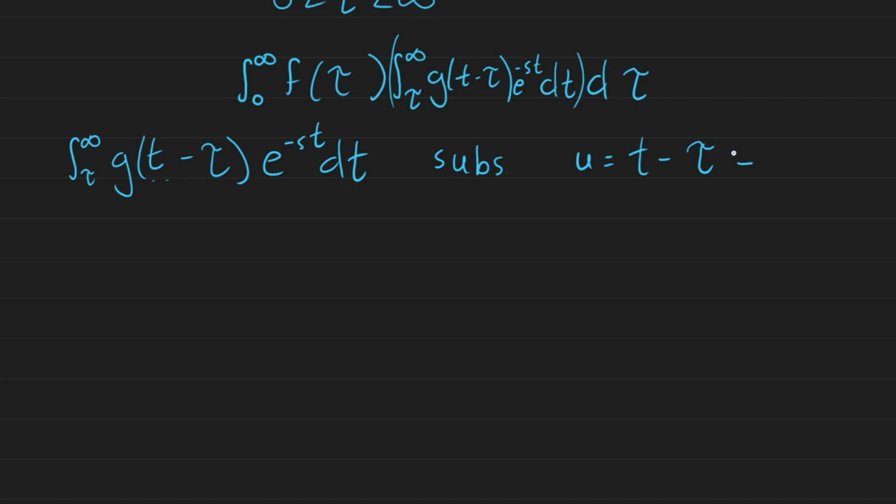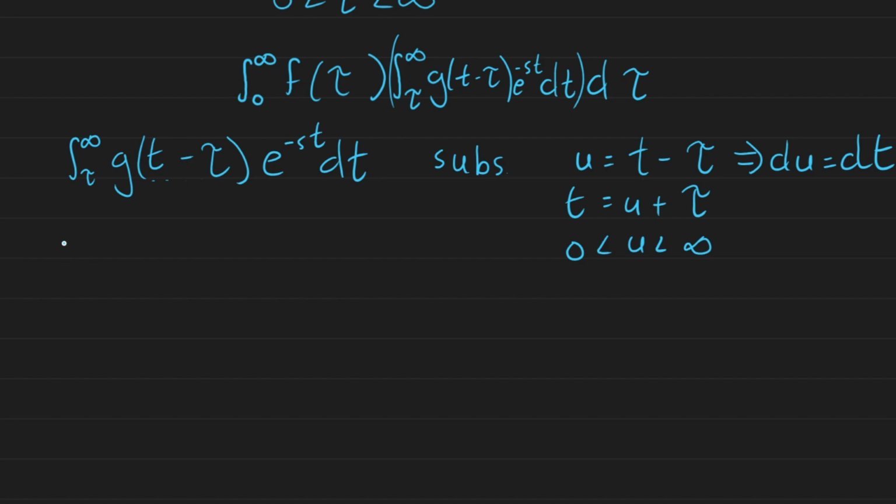That means that du equals dt, and t equals u plus tau. Also, these boundaries will change. t is going from tau to infinity, so if we substitute tau inside here, the lower boundary is going to be 0, because tau minus tau is 0, and the upper boundary, infinity, won't change.